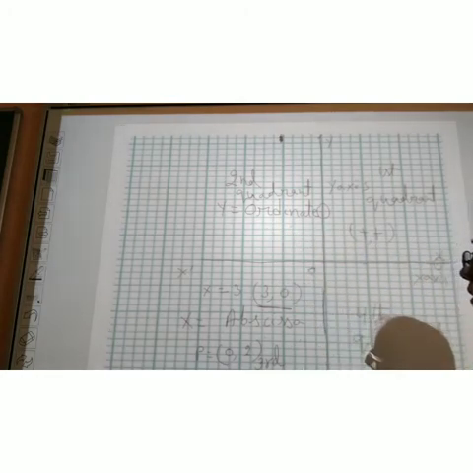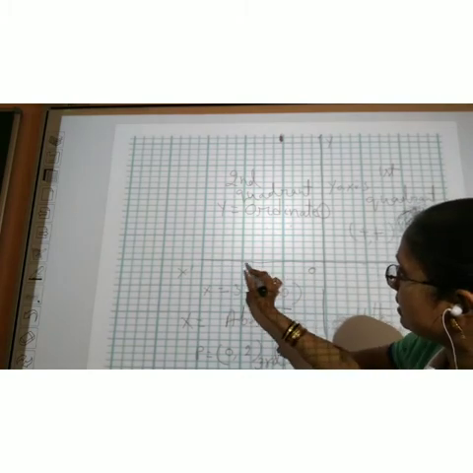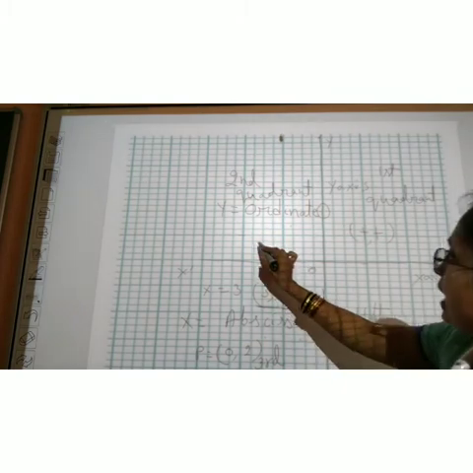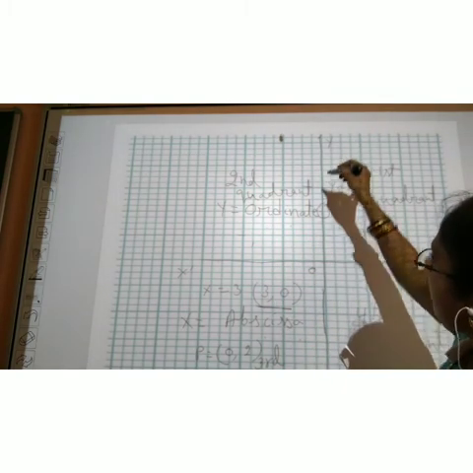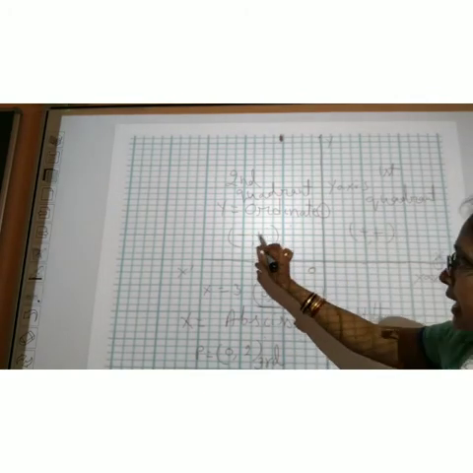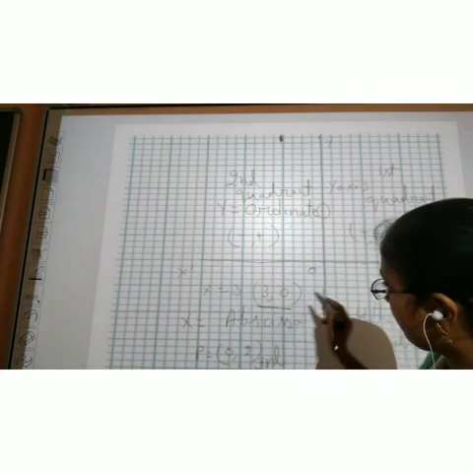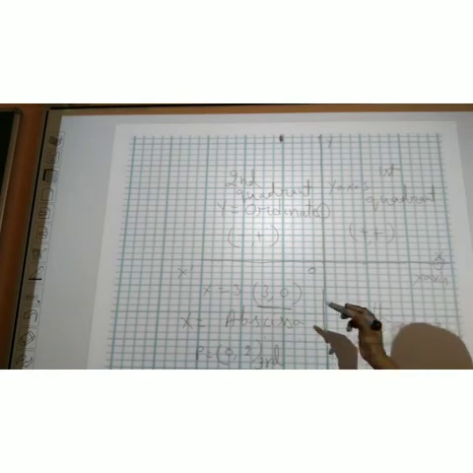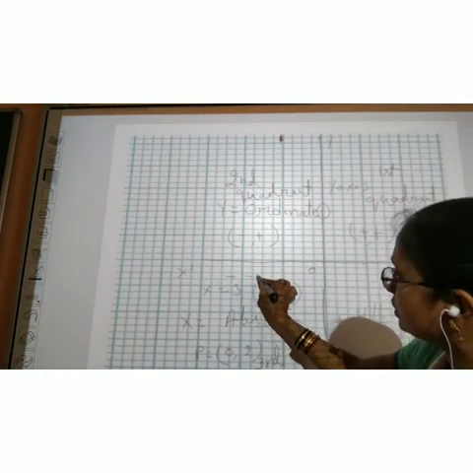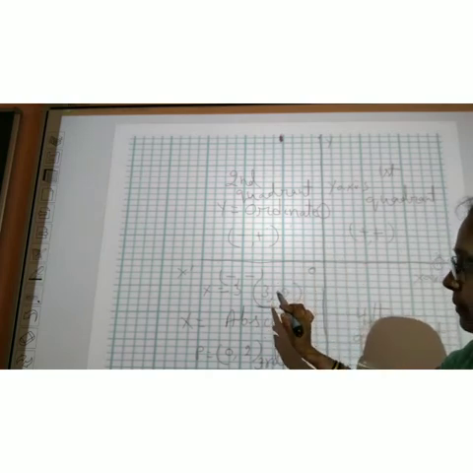In the second quadrant, along OX' the x value is negative, and the ordinate is up, meaning positive. So x is negative and y is positive. In the third quadrant, OX' is negative and OY' is also negative, so both x and y values are negative.